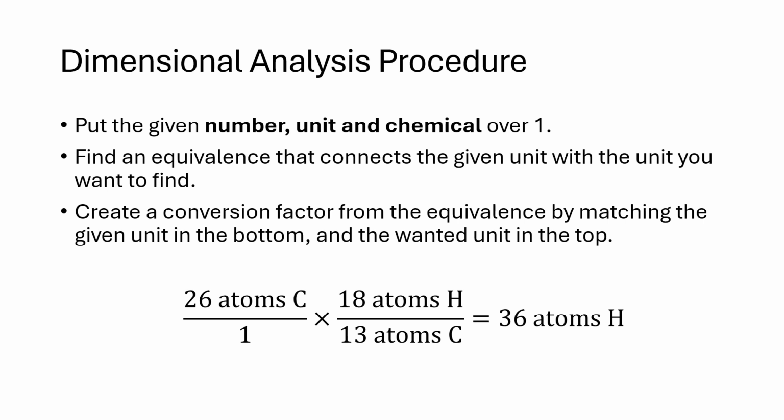I just wanted to put into words our dimensional analysis procedure. We're going to put our number, unit, and chemical over 1. That's what we're given. Right, so this first fraction represents what we're given. The second fraction is our equivalents, two things we know are equivalent, written as a conversion factor. When we set this up, I tend to build these from the bottom up.